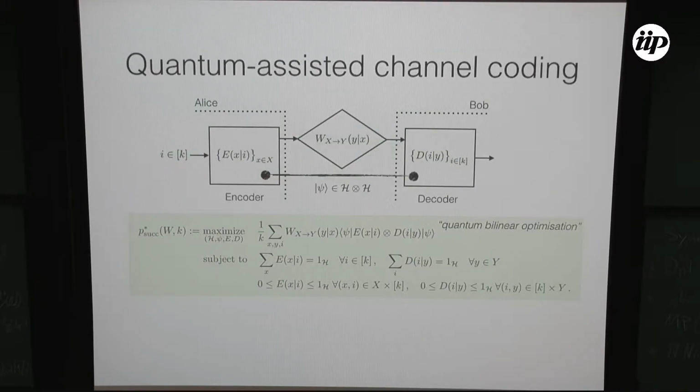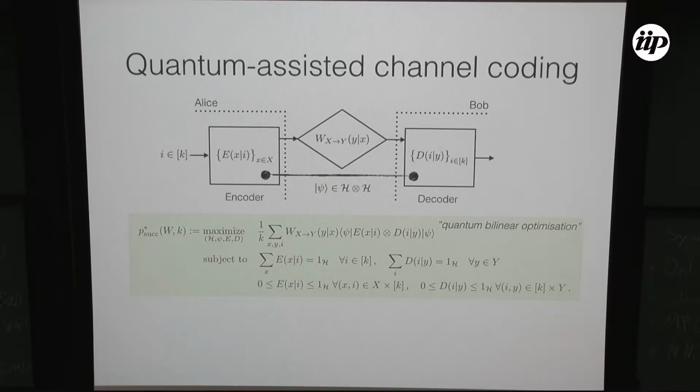but in this one-shot setting. What Omar was doing, he was looking at this classical setting, and he was also looking at a quantum generalization of that, namely when the channel itself was quantum. Here, what I would like to look at is we keep the channel classical, but we just add some quantum assistance. That's why the title is Quantum Assisted Channel Coding.